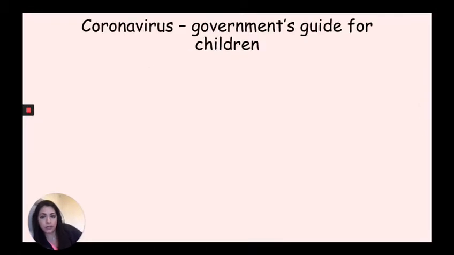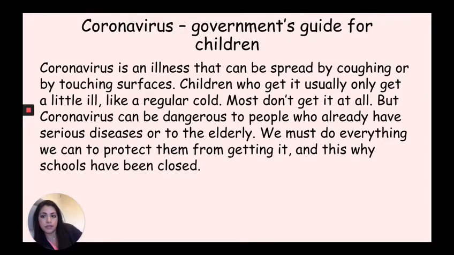So, I'm sure you all know why we're not in school at the moment and why school is closed to most of the children, and that's because of something that we spoke about towards the end of school called coronavirus. Coronavirus is an illness that can be spread by coughing or by touching surfaces. Children who get it usually only get a little bit ill, like a regular cold.